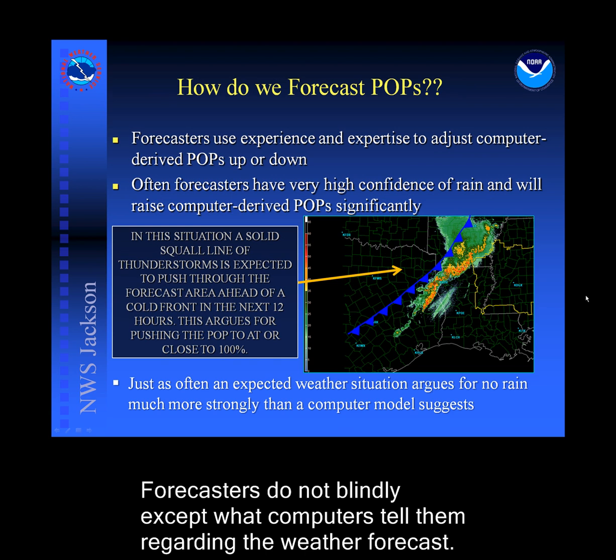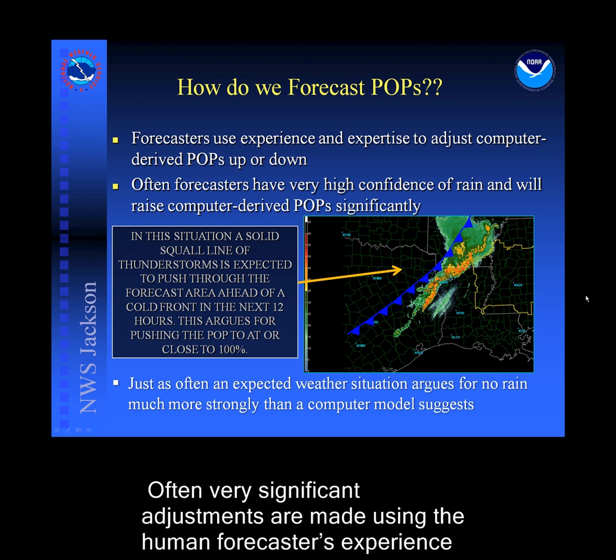So how do we forecast POPs? Forecasters use experience and expertise to adjust computer-derived POPs up or down. Often, weather situations will arise where forecasters have very high confidence of rain and will raise these computer-derived POPs significantly, such as in this situation where a solid squall line of thunderstorms is expected to push through the forecast area ahead of a cold front in the next 12 hours.